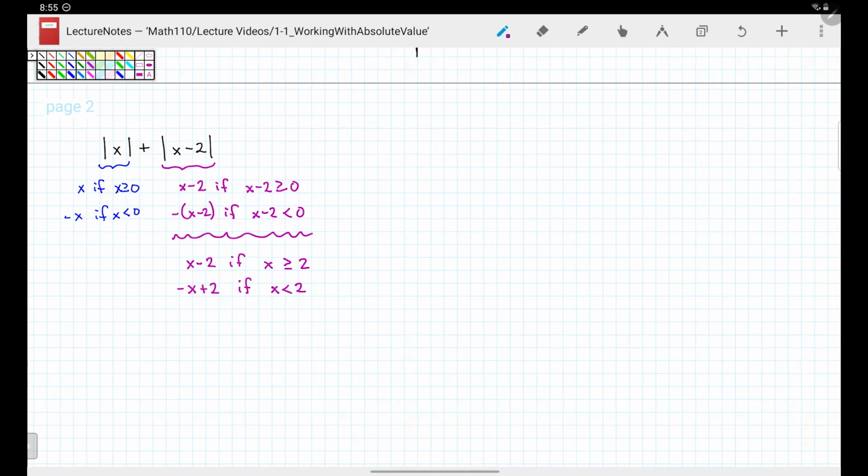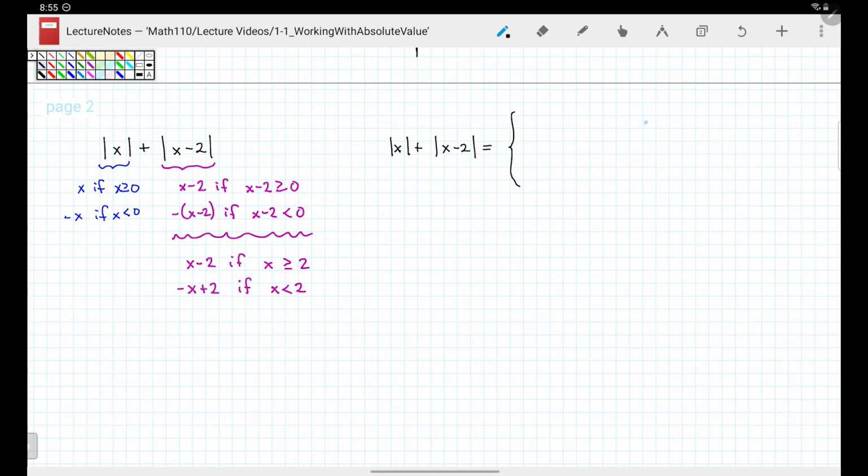And so this function, absolute value of x plus the absolute value of x minus 2, is going to be equal to, there's going to be 3 different options here.